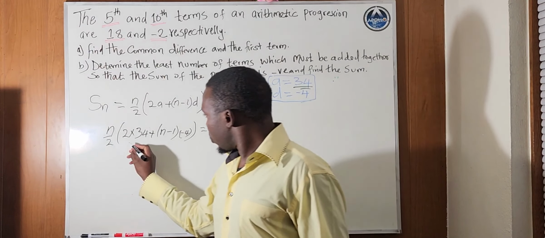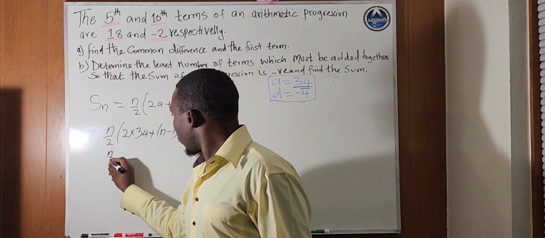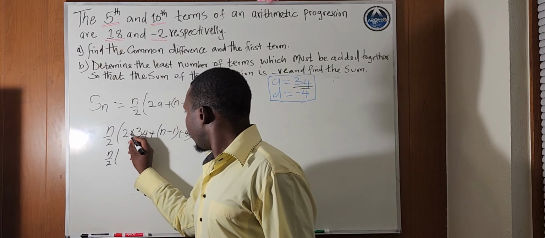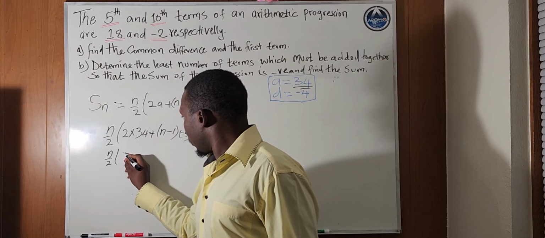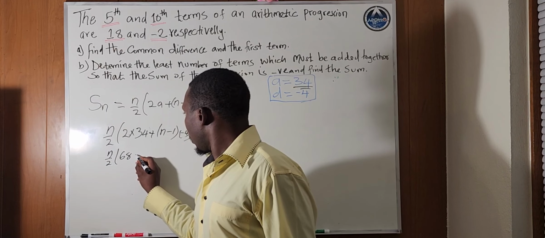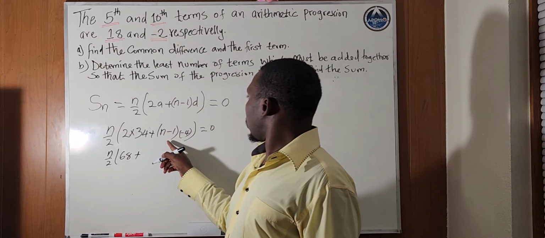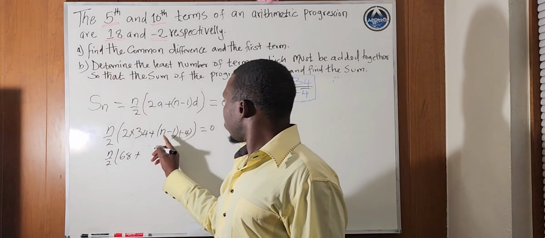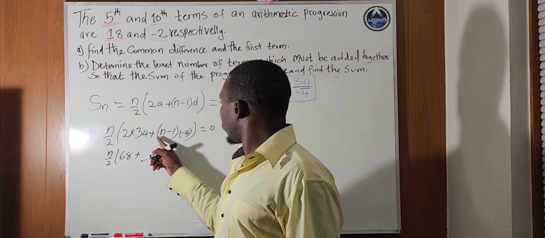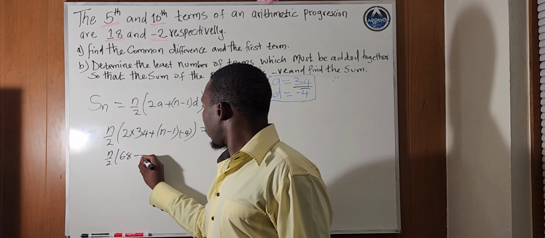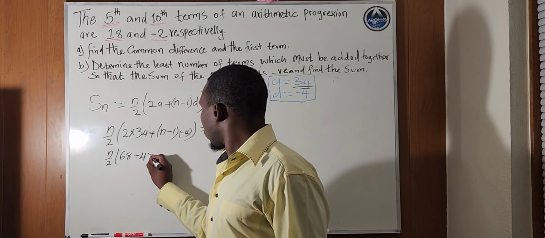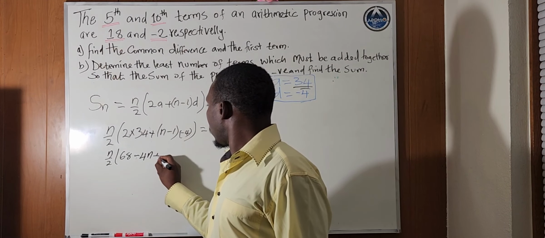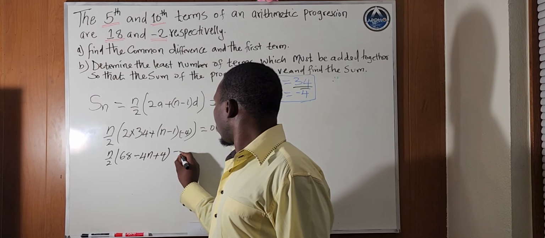So this is the same as n over 2 into 68 plus, if you look at this, it gives you actually minus 4n plus 4, equals 0.